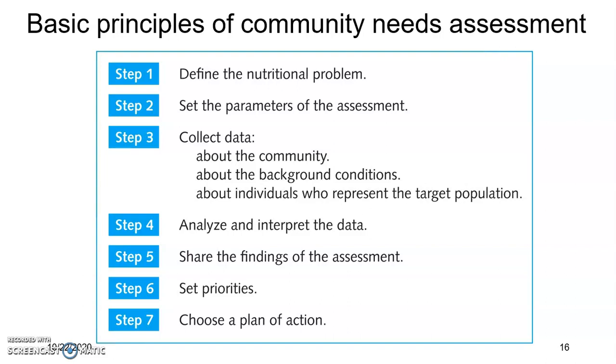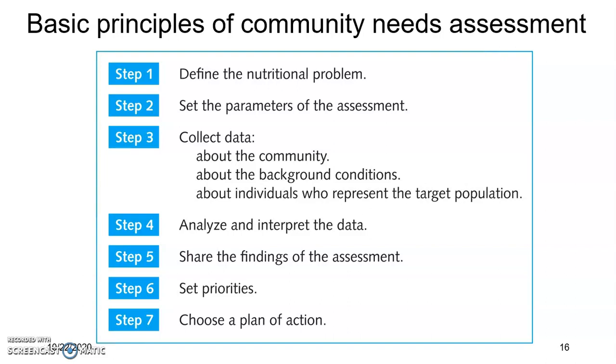So step kedua, bila you dah jumpa problem pemakanan yang berlaku di kawasan ataupun di target community you, step kedua you adalah you set the parameters of the assessment. Okay, set the parameters of the assessment adalah you meletakkan ataupun you menyenaraikan parameters tu adalah objective of the assessment ataupun apa benda yang nak capai dalam assessment terhadap komuniti tersebut. Okay.